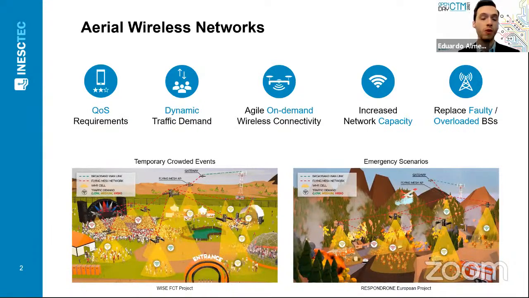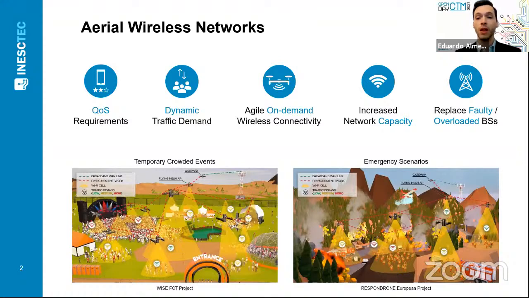For instance, in temporary crowded events, which was a scenario addressed in the WISE-HD project, there are lots of users concentrated in a predefined area with specific quality of service requirements, and they are generating a variable and dynamic traffic demand because they are moving around the venue, generating traffic which is variable over time and over space.